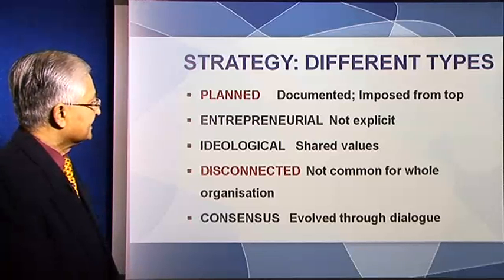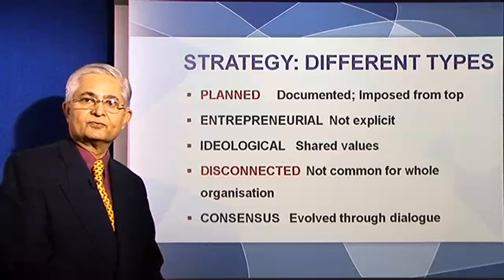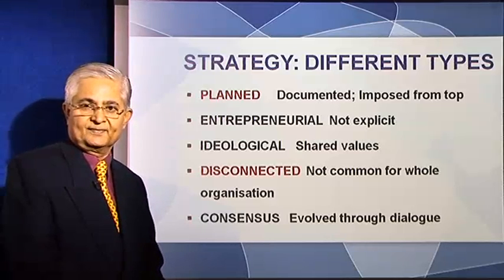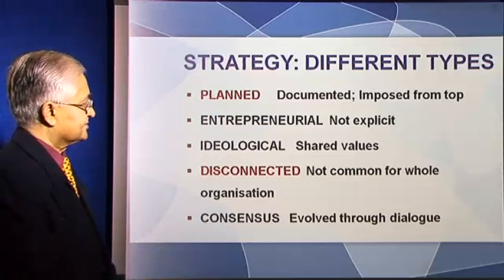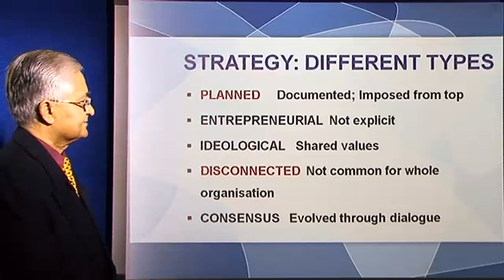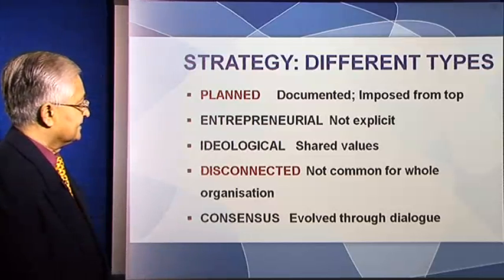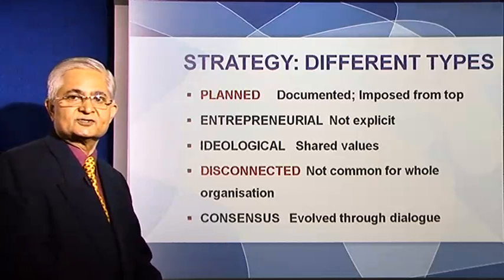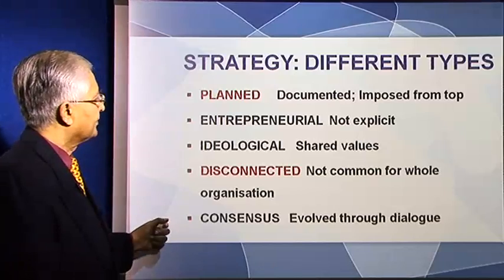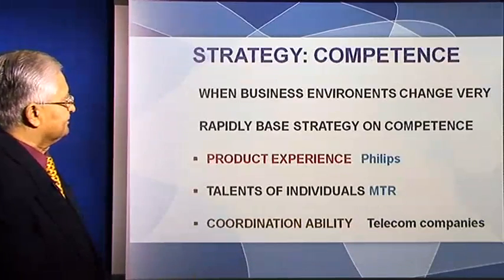And then you have consensus strategy, which is strategy evolved through dialogue. So amongst these different types of strategy, obviously the consensus strategy is the most appropriate way of arriving at strategy.